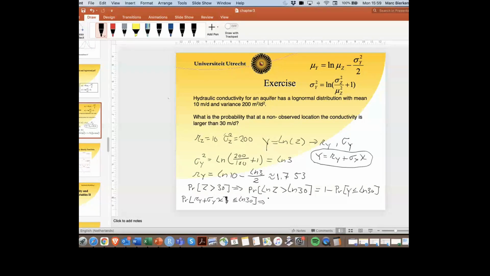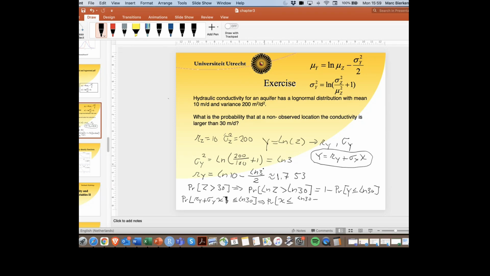So that gets me the probability of chi is smaller equal than ln 30 minus the mean. What's the mean of y? We had that.